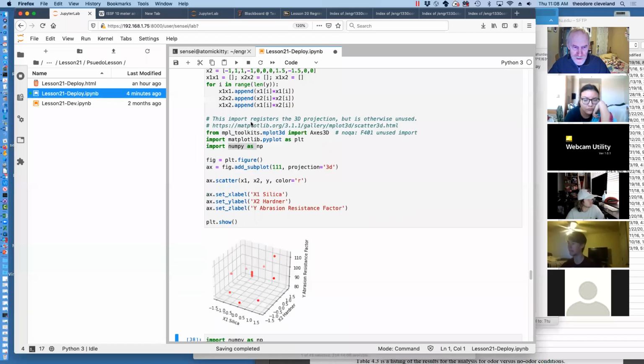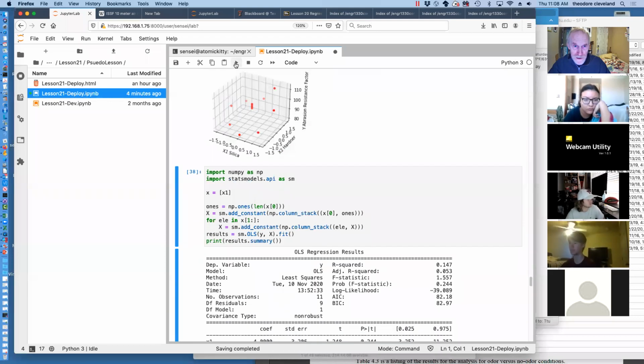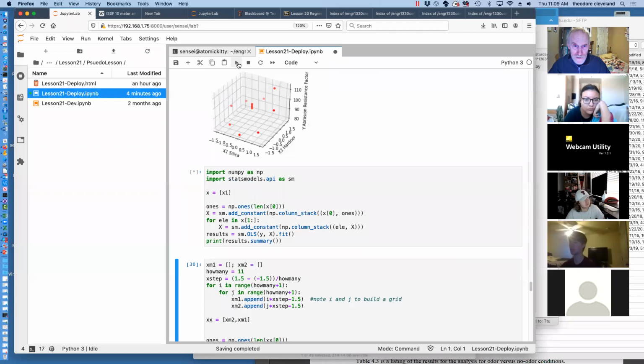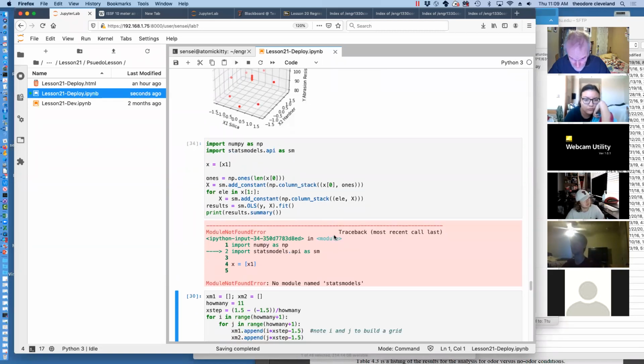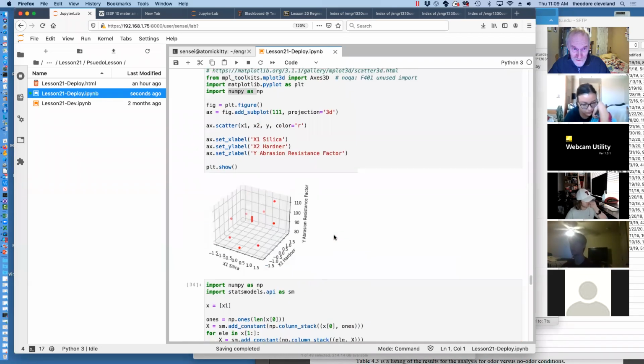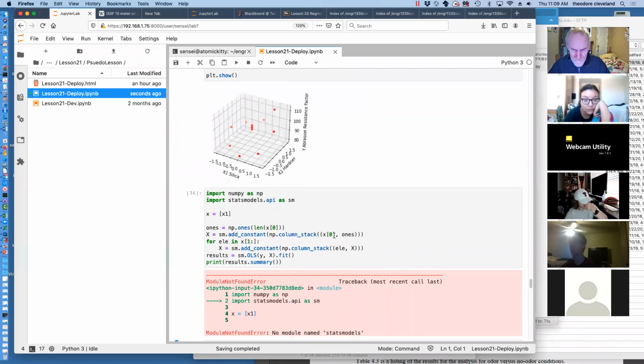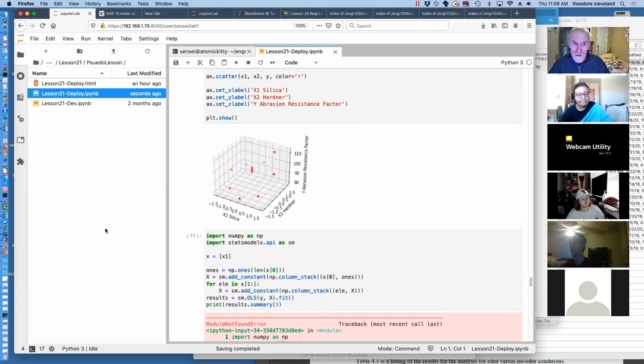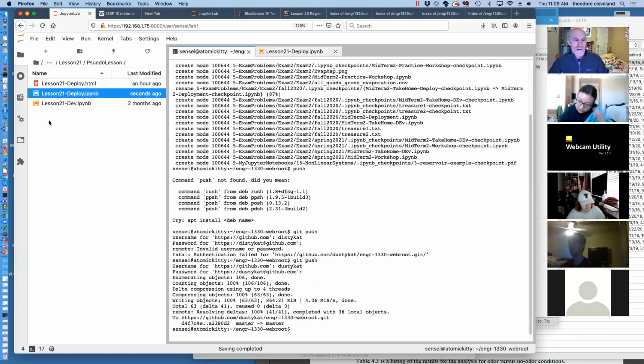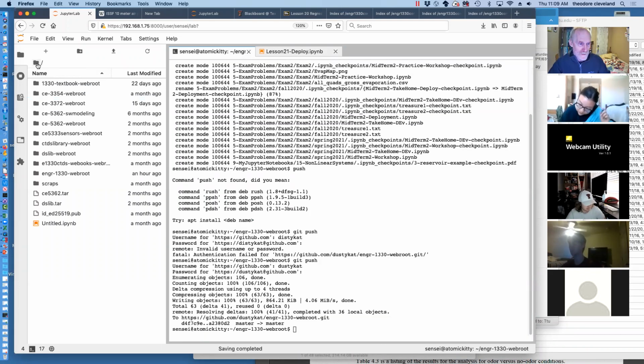Okay, no module named statsmodels. That is going to be a problem. Let me get my thing working correctly.